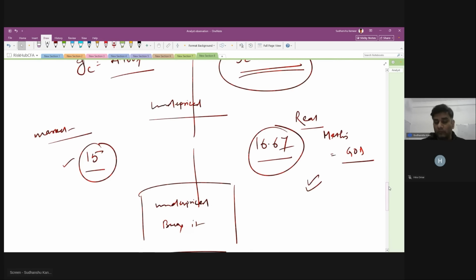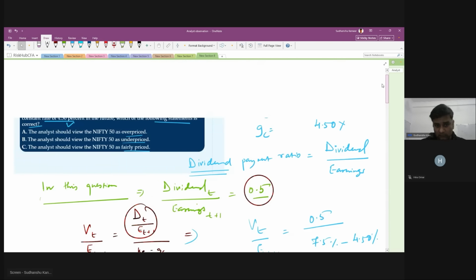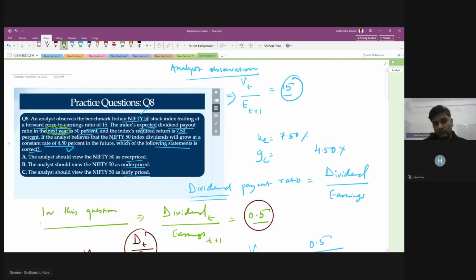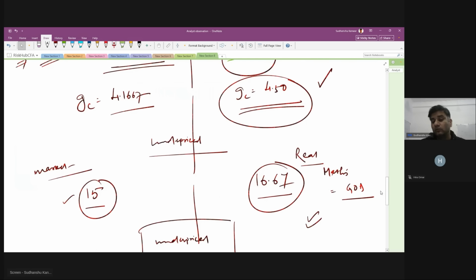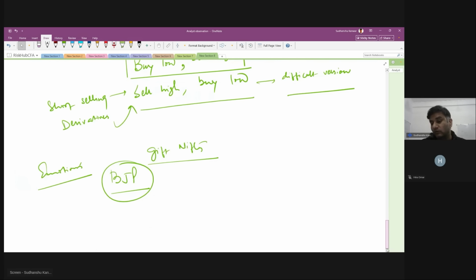Then we will say that mathematics is saying that your forward price to earnings is better, it means today it is lower, it means buy it, it is under price. So that's the whole logic. Okay, try to go and learn about it. Not very difficult, but the earlier you learn it, the more it will help you, because in every chapter you will see such questions, and such kind of analysis they want from you.